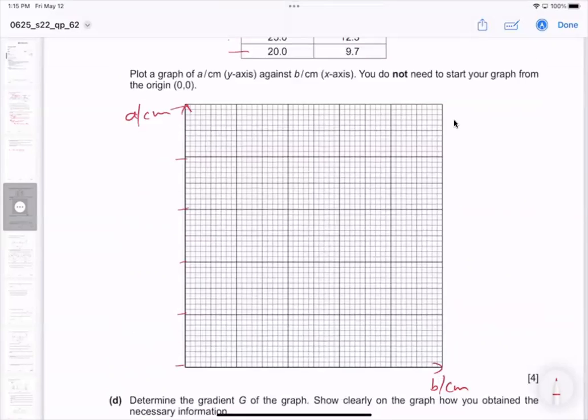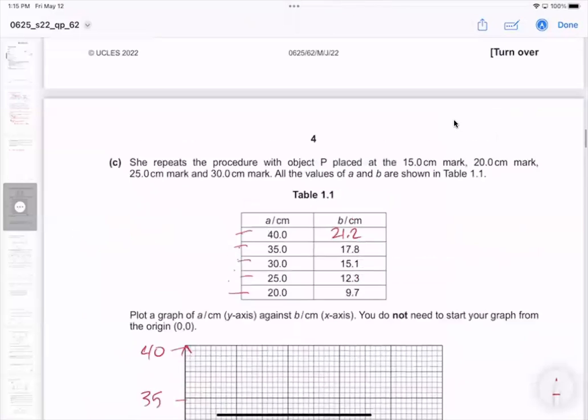We can start from 15, then 20, 25, 30, 35, 40. And here I'm going to place A per centimeter. Okay. And what about the second? What are the values?